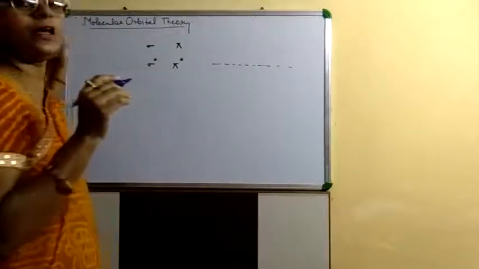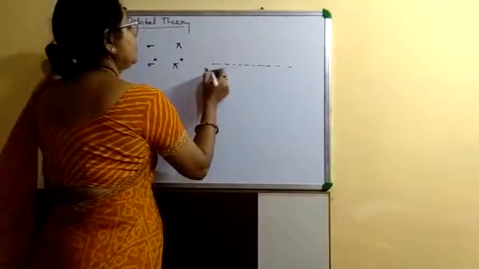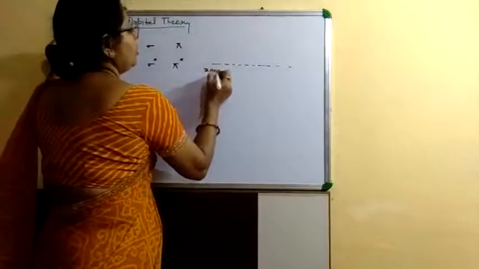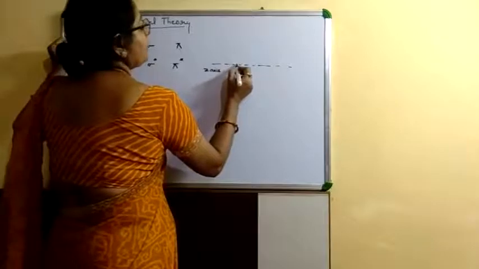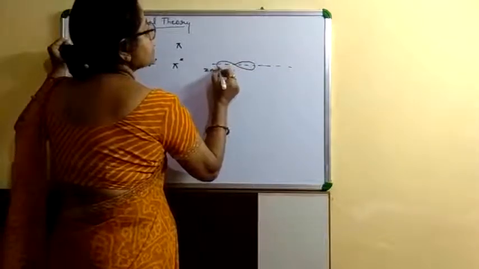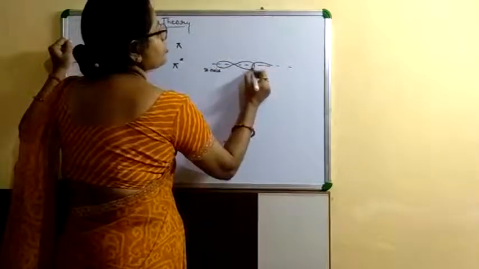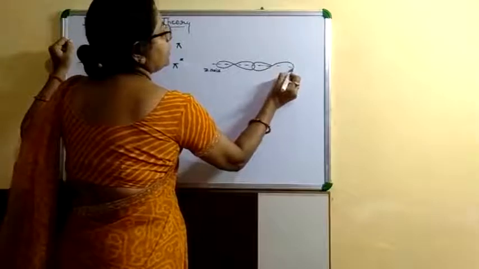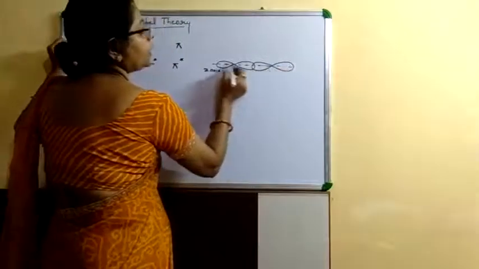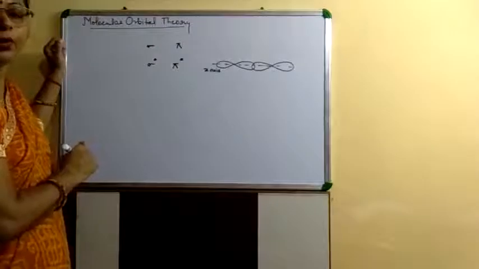We are considering here the z axis. If two orbitals which are along the z axis, known as pz orbitals, approach each other according to their internuclear distance, they overlap and form the bond.